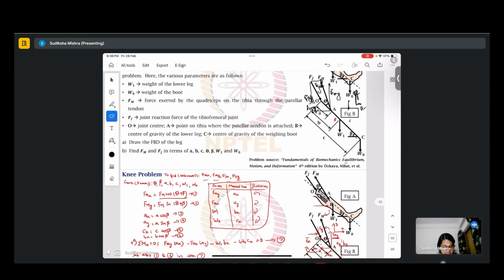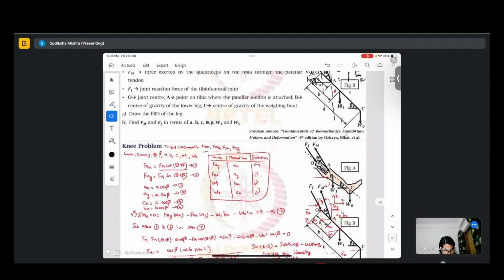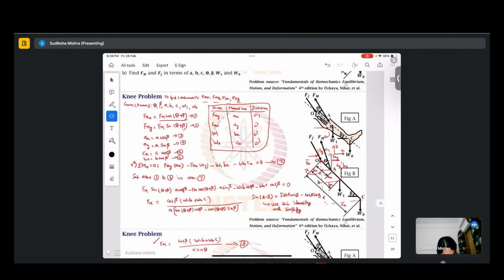Fjy is in negative y, Fjx is in positive x, Fmx is in negative x, and Fmy is in positive y. Theta is the angle that is formed by the line of action and Fm.